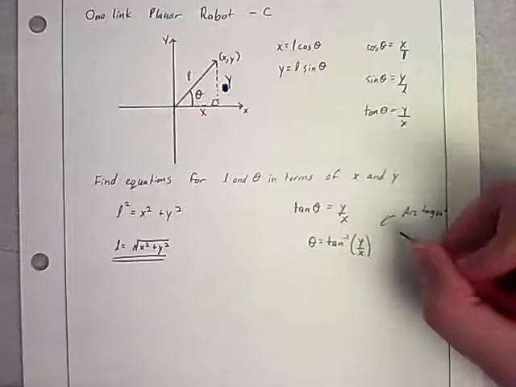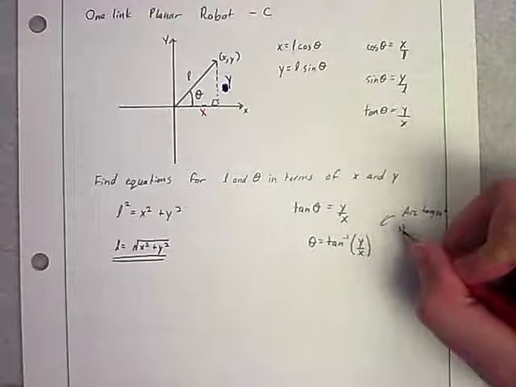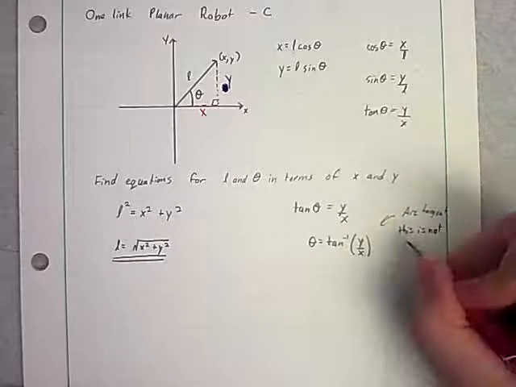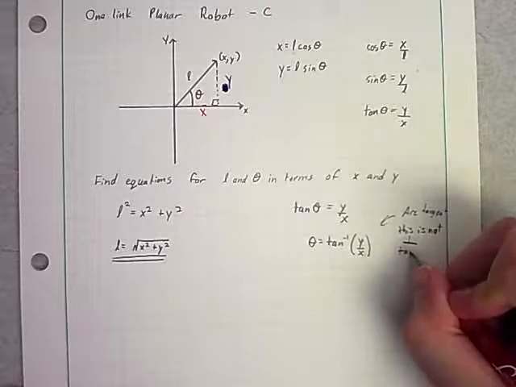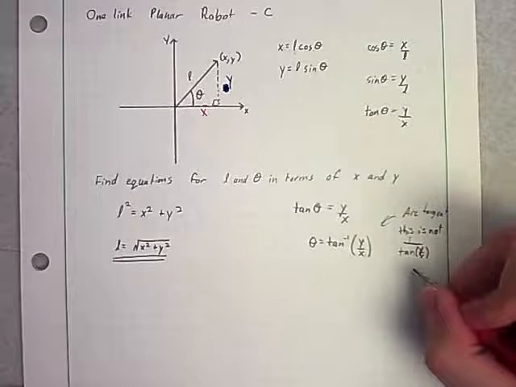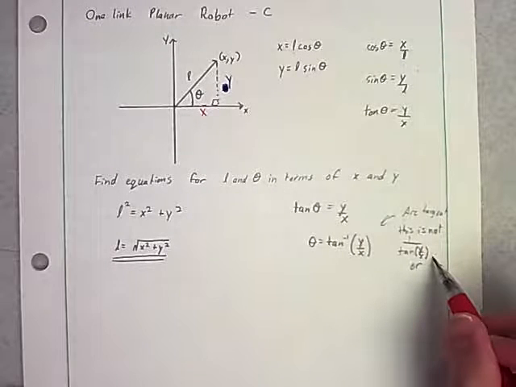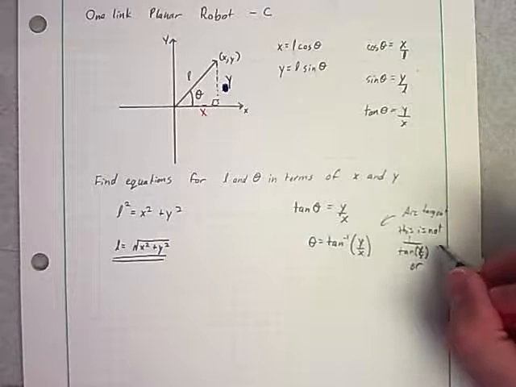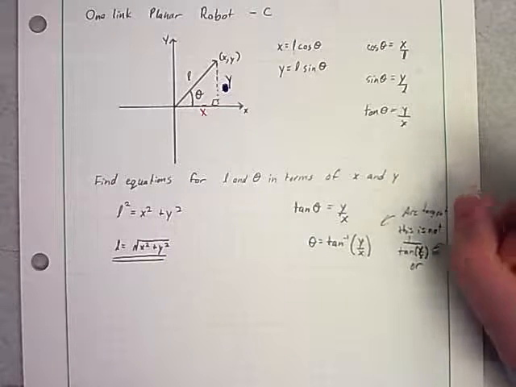What it is not is 1 over tangent of y over x, so we don't want to get it confused with that. That would be the reciprocal. That is cotangent.